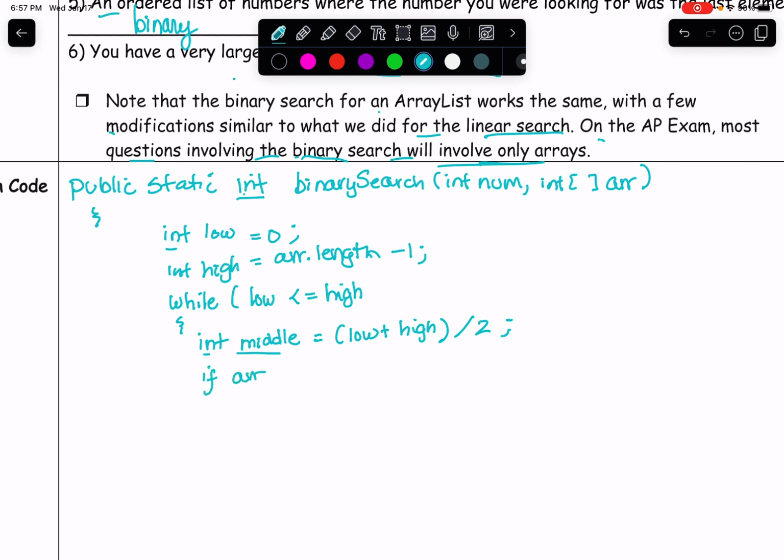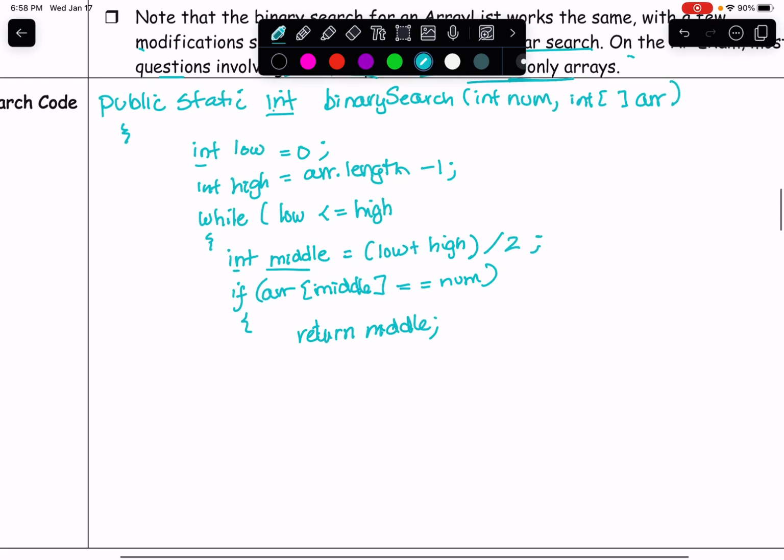If ARR[middle] equals num, so we're just checking, hey, did I get the right one? Is this middle one the right one? And if it is, we're going to return middle, the index that you found it at.